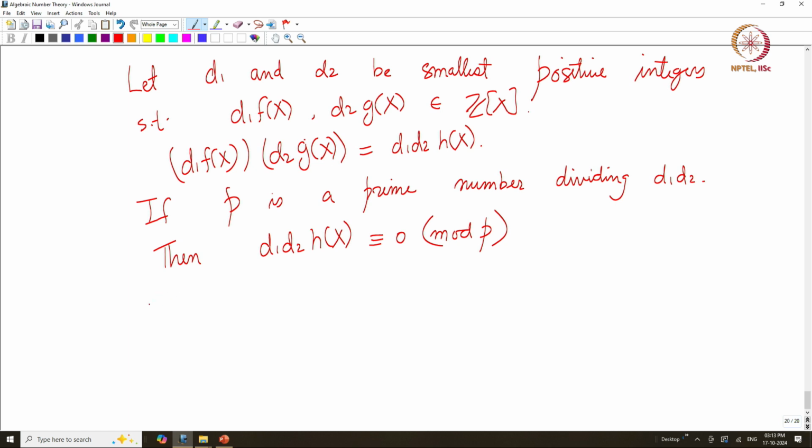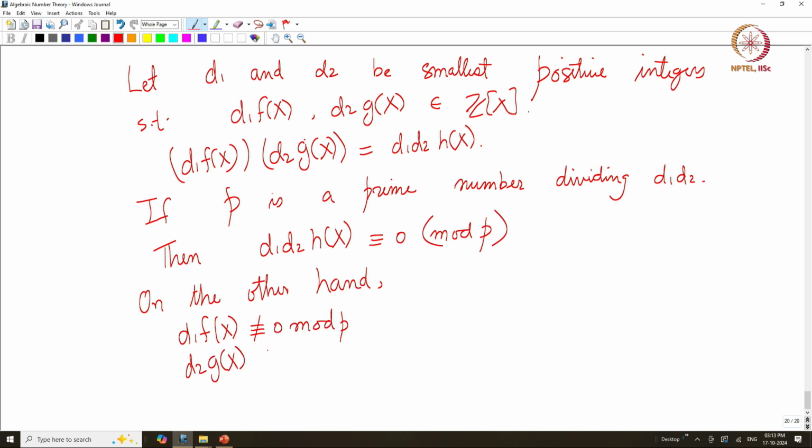On the other hand, d1 f of x is not congruent to 0 mod p and d2 g of x is also not congruent to 0 mod p. Why?